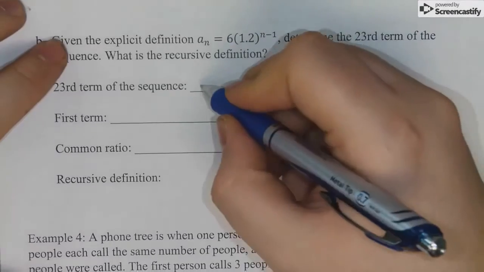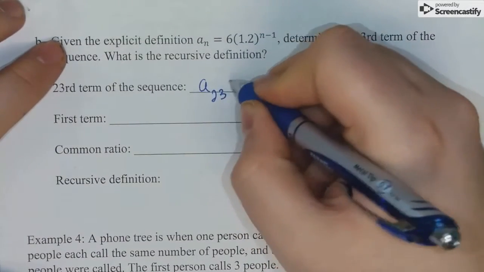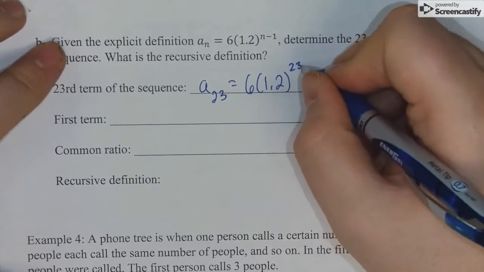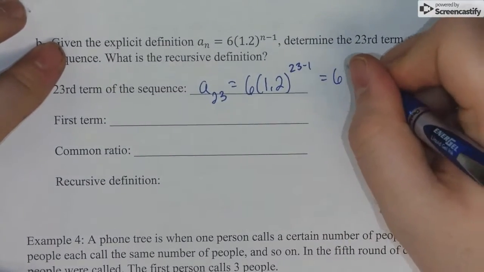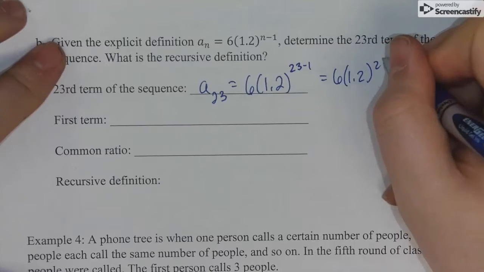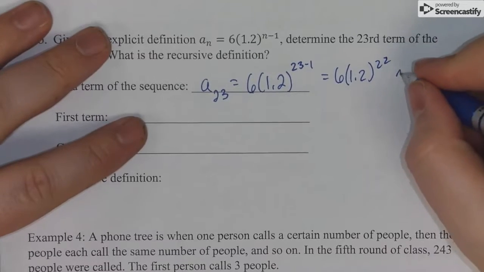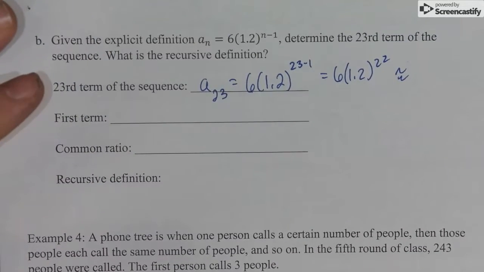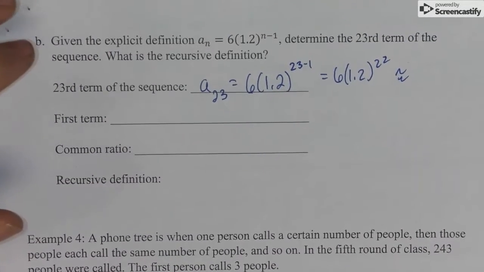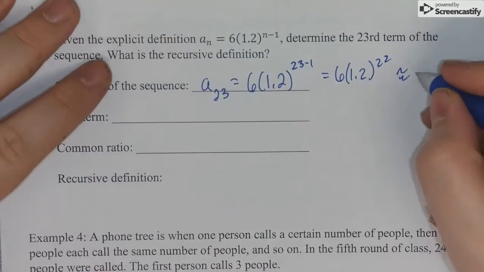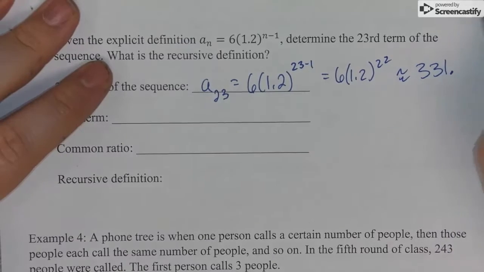That amounts to saying A sub 23 equals 6 times 1.2 to the 23rd power minus 1, which is 6 times 1.2 to the 22. If you plug that into a calculator, you would get about 331.24.